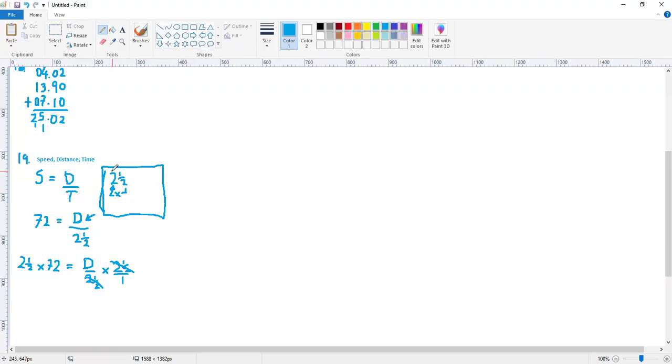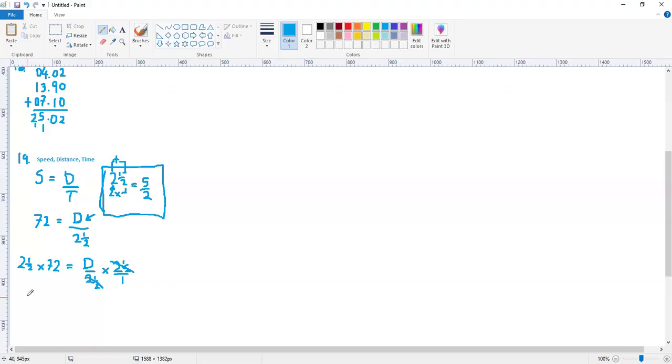Then I'll add the answer to the numerator, 1. So 2 times 2 is 4, and 4 plus 1 is 5. So the answer would be 5/2.